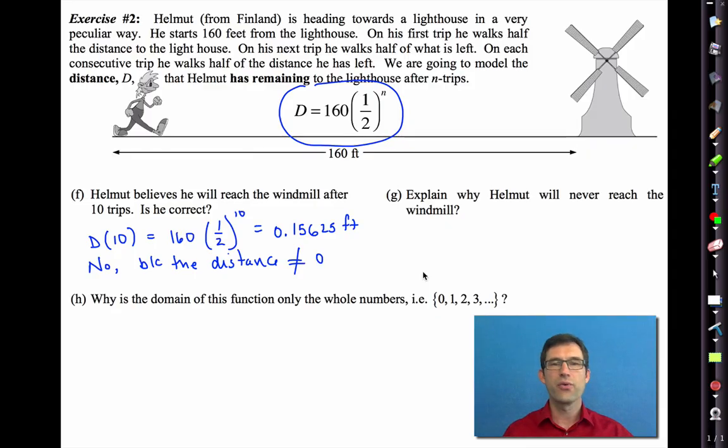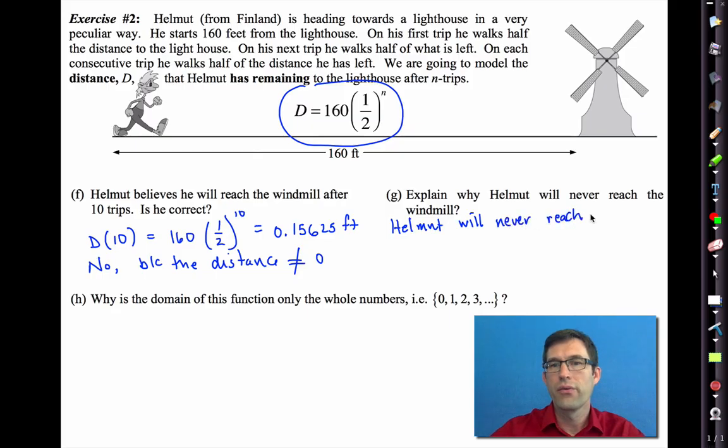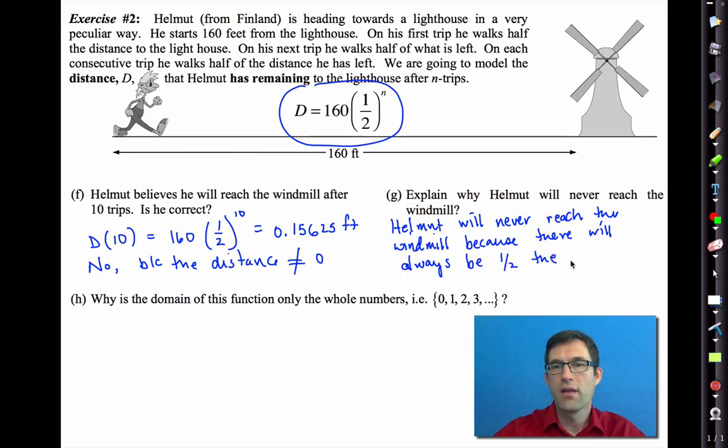All right, let's go through it. Well, Helmut will never reach the windmill because there will always be 1/2 the previous distance left.